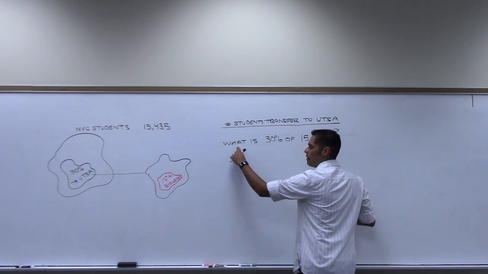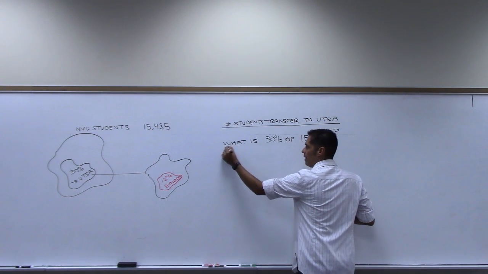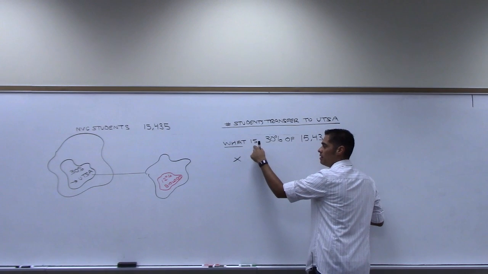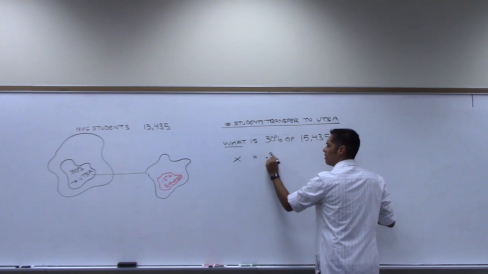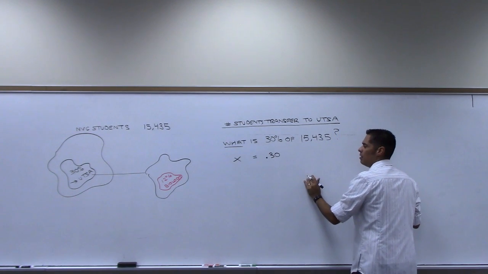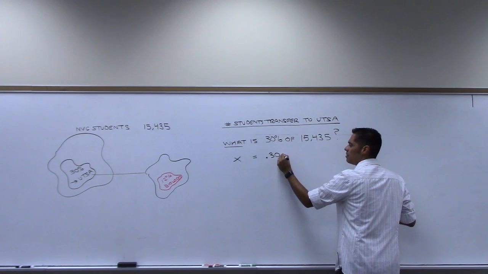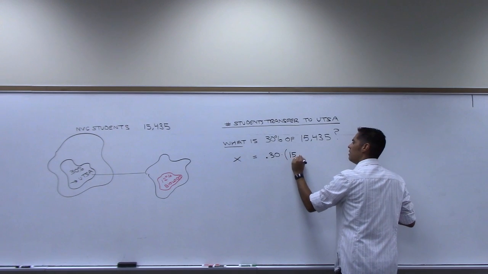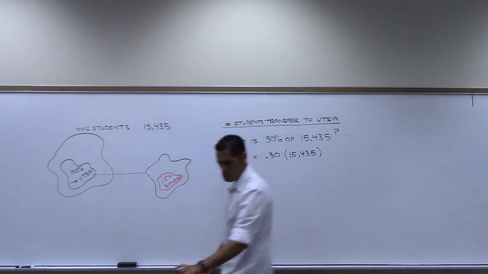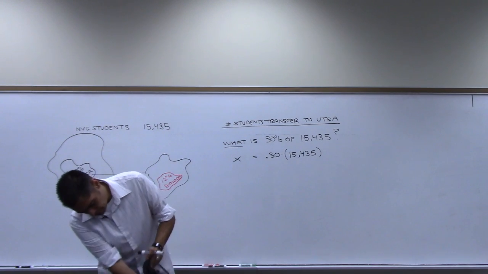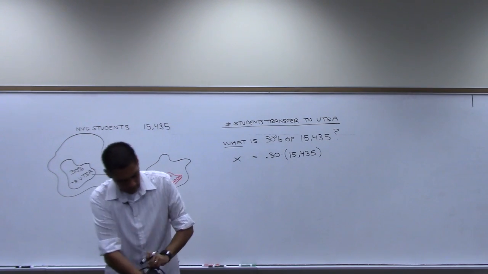What will be what? X equals 30% written as a decimal, 0.30, you don't have to put the 0. And then "of" means times, and then 15,435. So let's figure that out. Let's see if I brought my calculator here today.